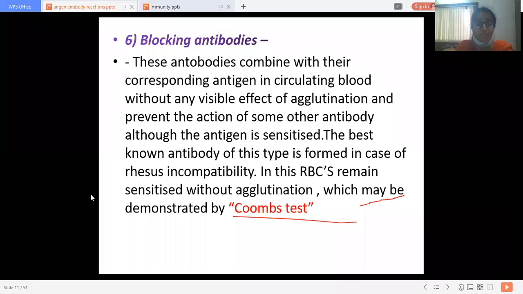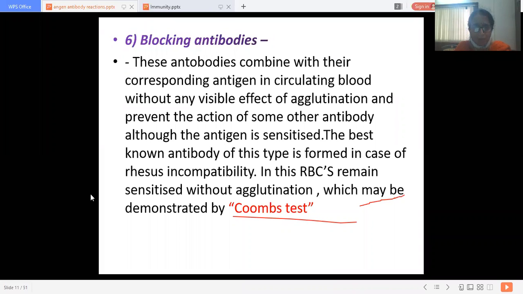In rhesus incompatibility, you can see in the Coombs test that the RBCs remain sensitized without agglutination. These RBCs are sensitized, and there will be no action of other antibodies. The RBCs containing the antigen get sensitized without any agglutination, which may be demonstrated by the Coombs test.